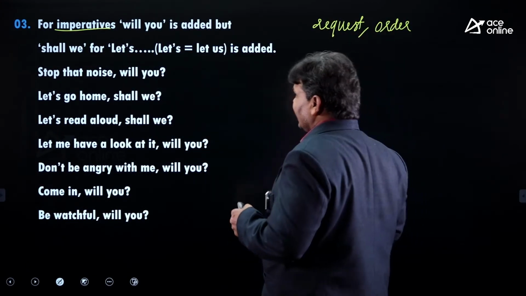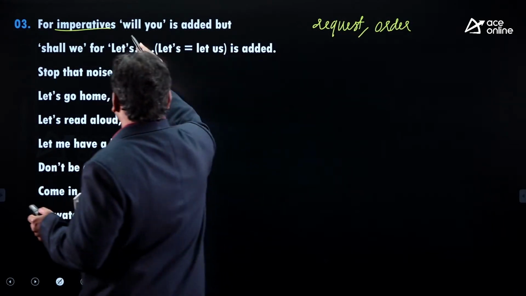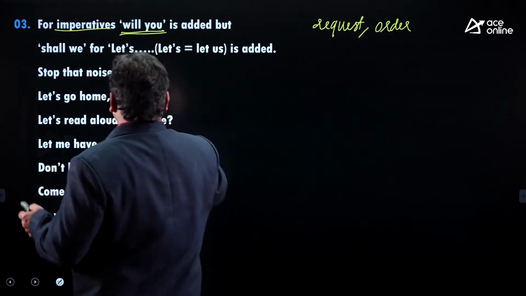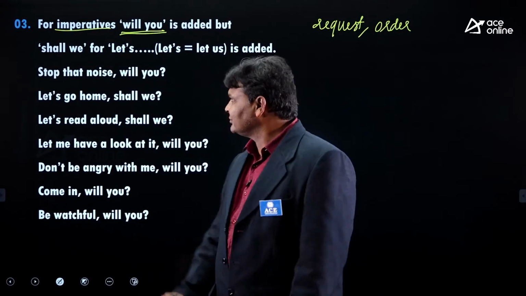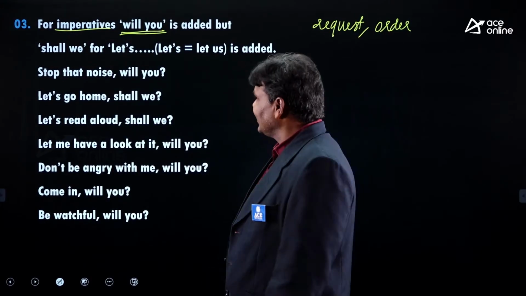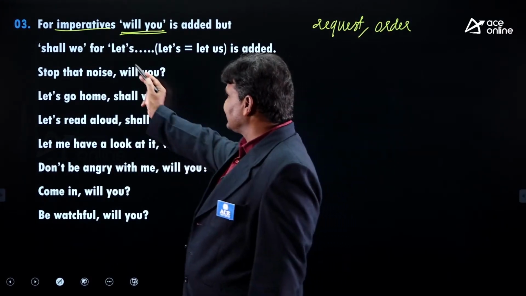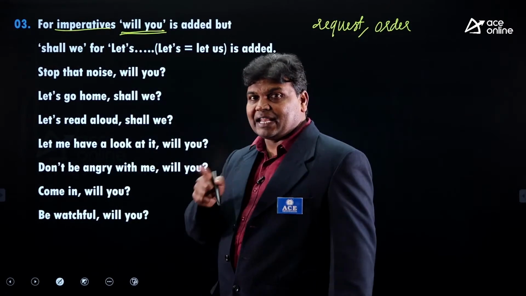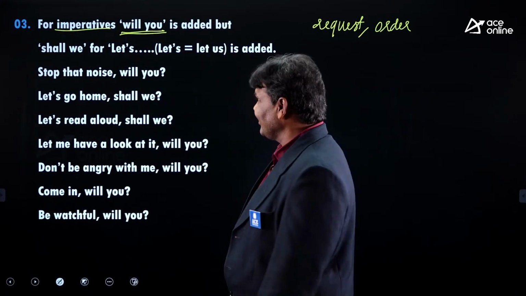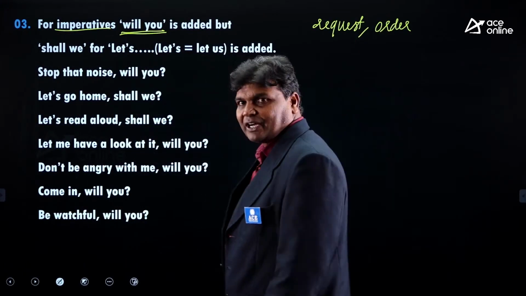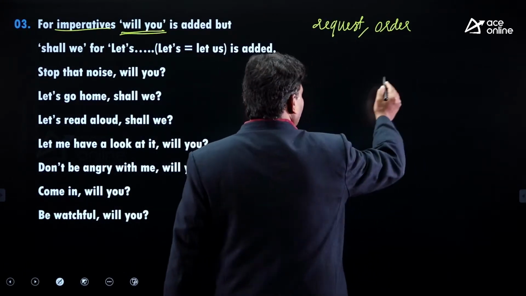Okay, right. Here for imperatives, will you is added. Be careful about that. That's all. Will you is added. Don't think of anything else. Shall we for let's. Why? Let us, shall we. Because with first persons we always use shall. You remember that rule, right?